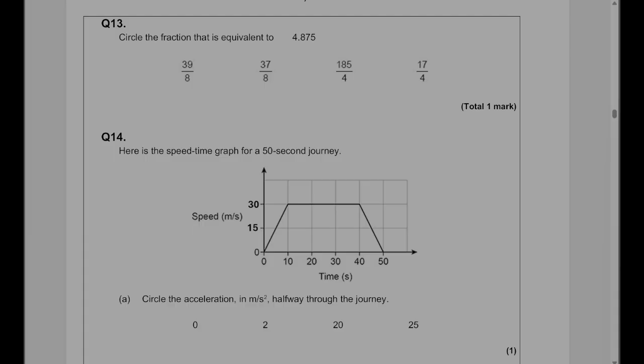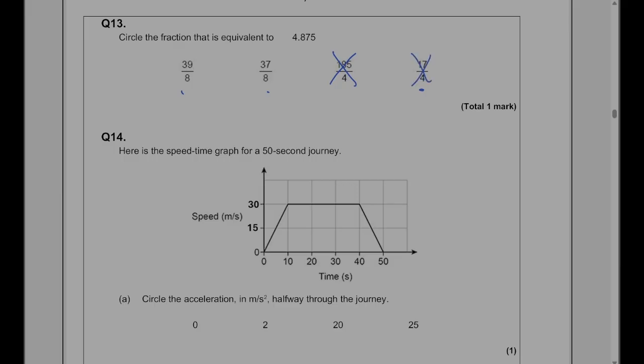Let's do this one though with 4.875. So first of all, when I convert from an improper into a mixed fraction, I'm looking for an answer of 4. So these two would both give you an answer of 4. This one wouldn't. This one would, but it would be 4 1/4, so 4.25, so it's not going to be that one either.